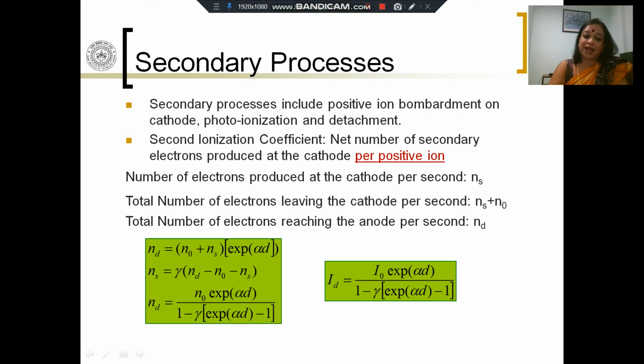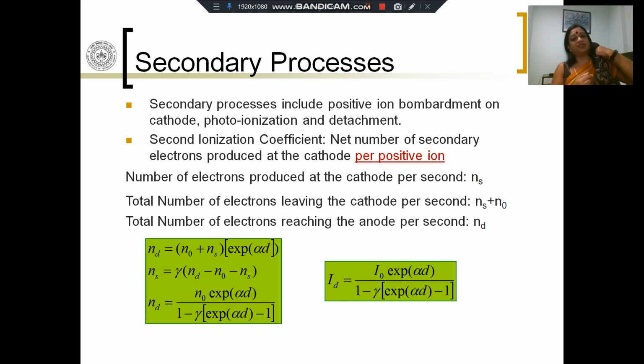At the same time, the difference between Nd and the number of electrons from the cathode, which is N0 plus Ns, is the number of electrons produced due to collision in the gap. It is also the number of positive ions which are produced, which will arrive at the cathode.